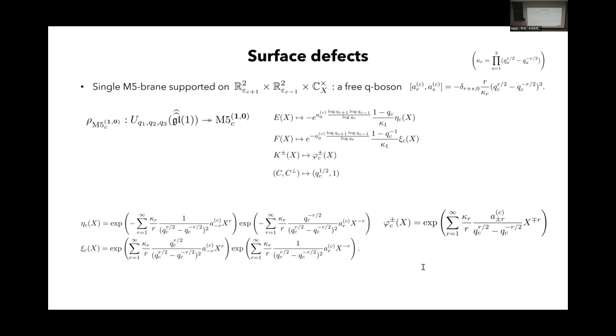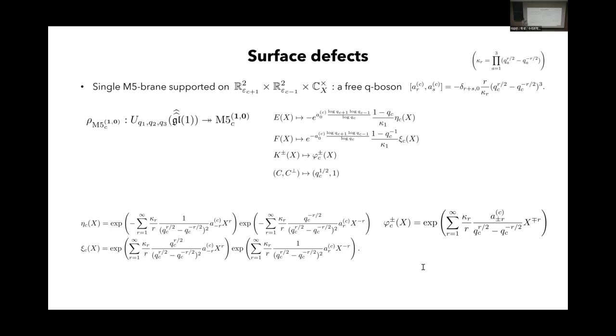Now, this free Q boson is also a surjective image of the quantum toroidal algebra. And the explicit map is written here. So E, F, K plus minus currents are mapped to certain complicated vertex operators, eta and phi. They're here, and the phi's are here.